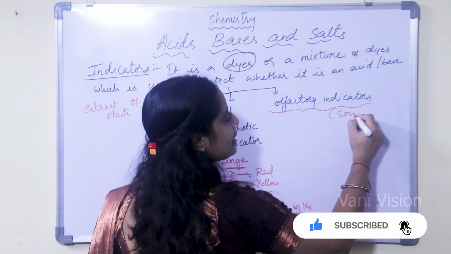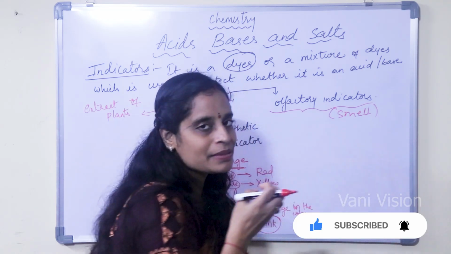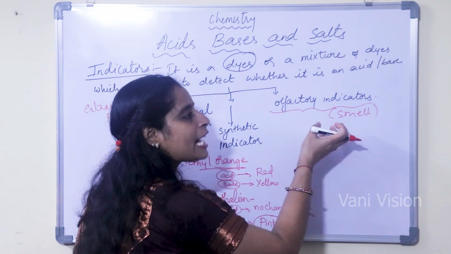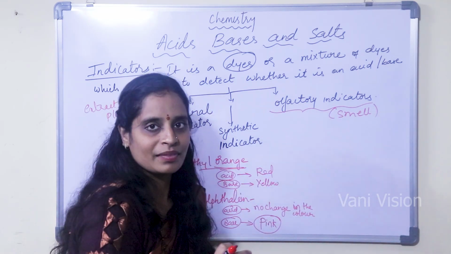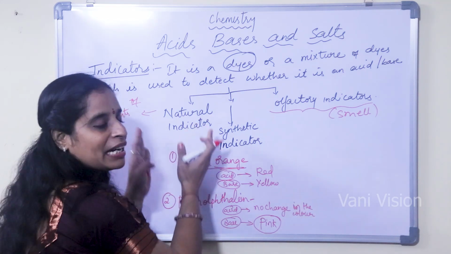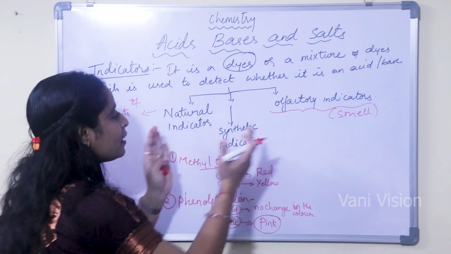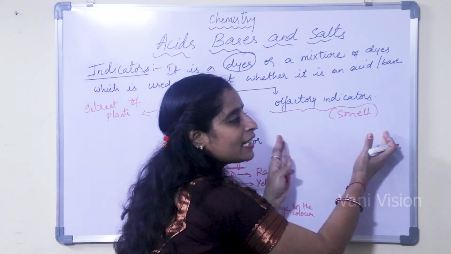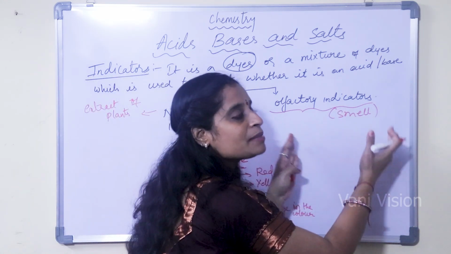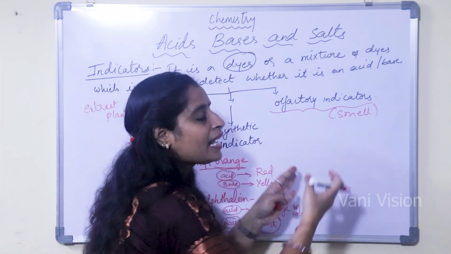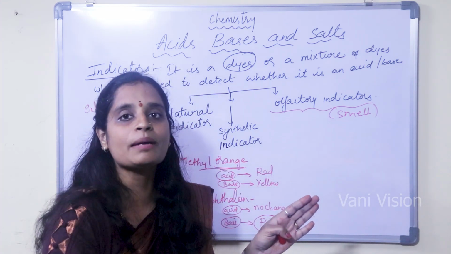By noticing the smell, we will say whether the substance is an acid or a base. The difference: natural, made from plants, colors. Synthetic, made by humans, colors. But olfactory indicators work by smelling the substance to say whether it is an acid or a base.